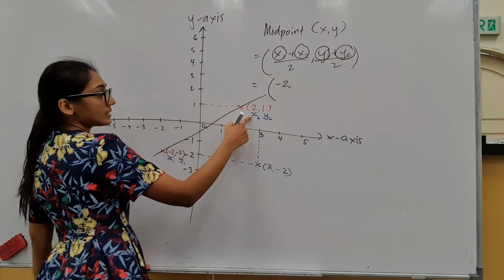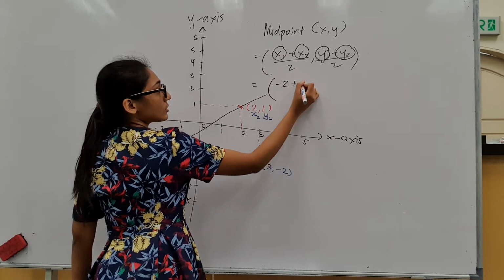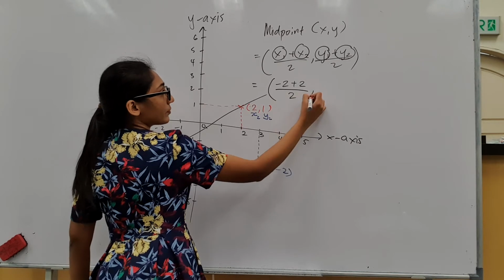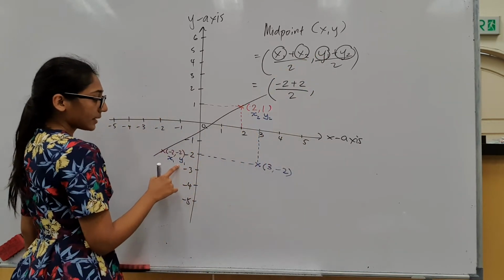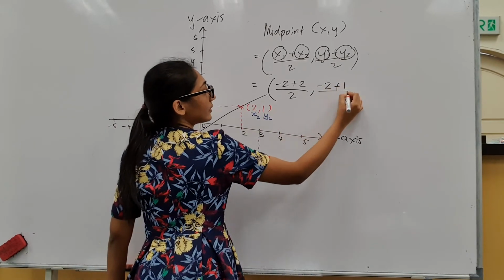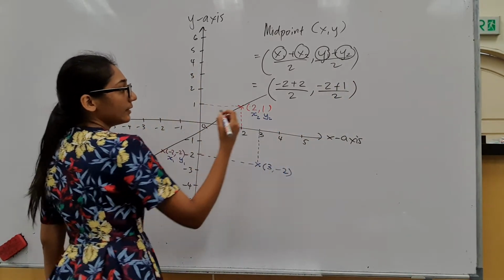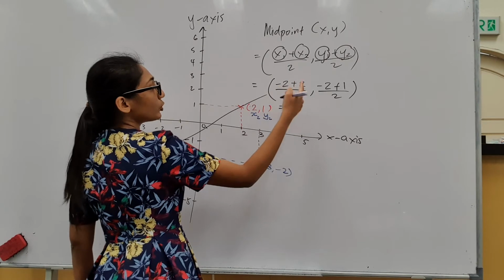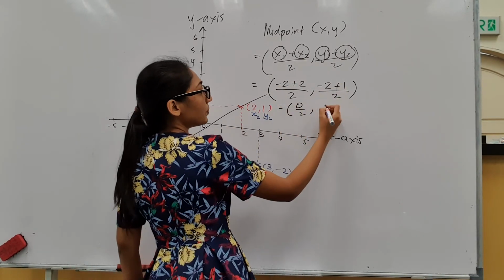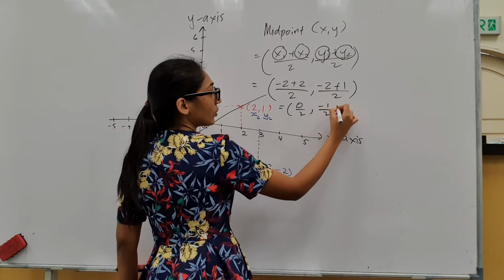The second x is 2. So -2 plus 2, divided by 2. And then I take the y, -2, and the second y is 1, divided by 2. And then I calculate. -2 plus 2 is 0, so 0 over 2. -2 plus 1 is -1, and then over 2.